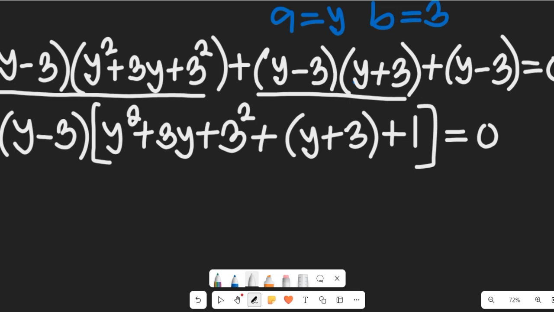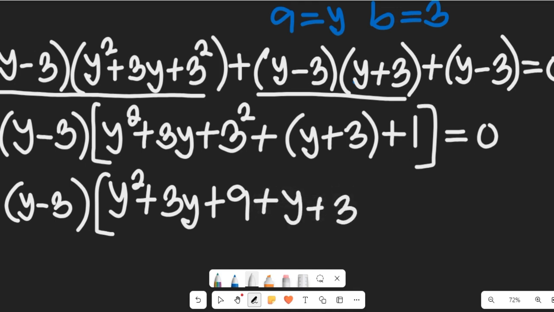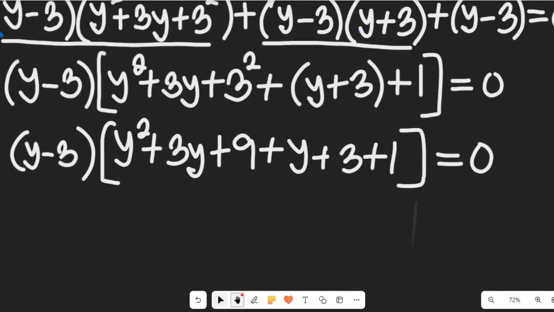Now if I simplify this, I'll have my y minus 3. If I simplify this, I'll have y square plus 3y plus 9 plus y plus 3 plus 1, and all of these will be equal to 0, right? Good.